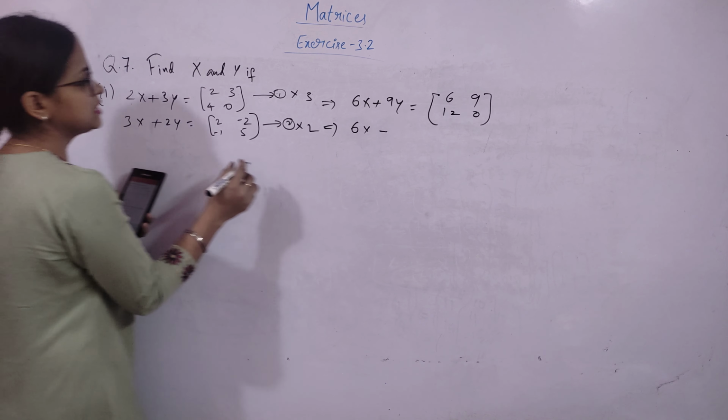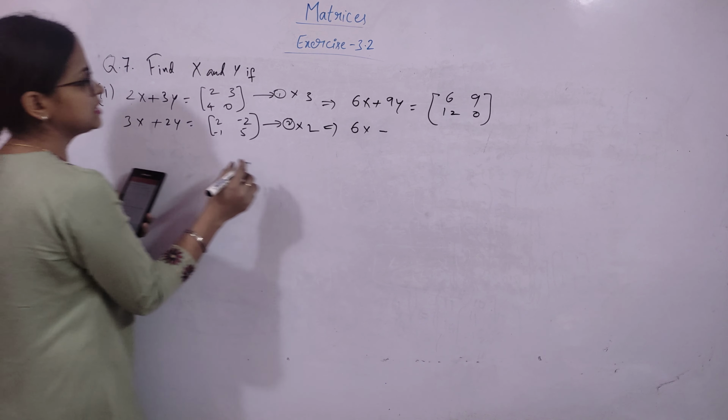Now what can we do? We can do subtraction, since the symbols are opposite. The 6x will get cancelled. We are getting 9y minus 4y, so it is 5y, equal to the first element first: 6 minus 4. Or simply write 6 9 12 0 minus 4 minus 4 minus 2 10.